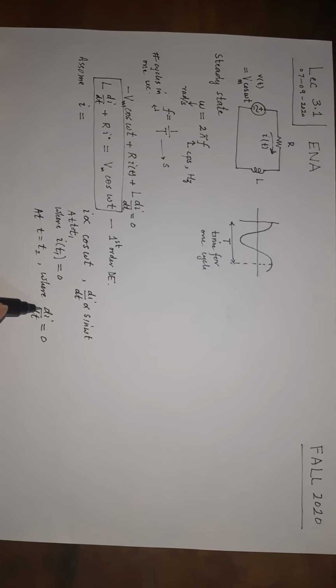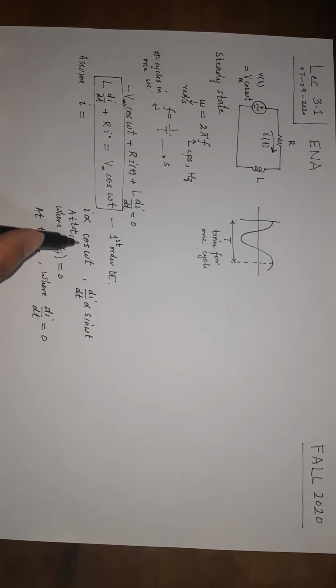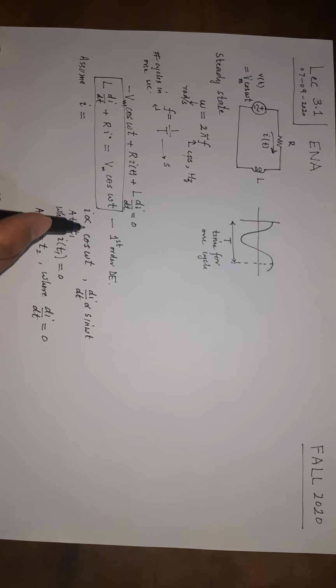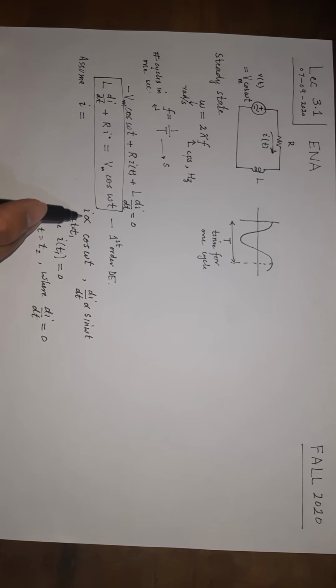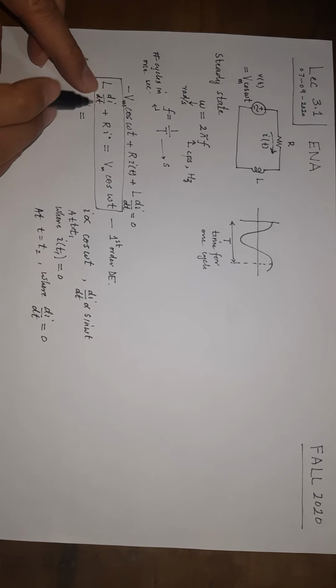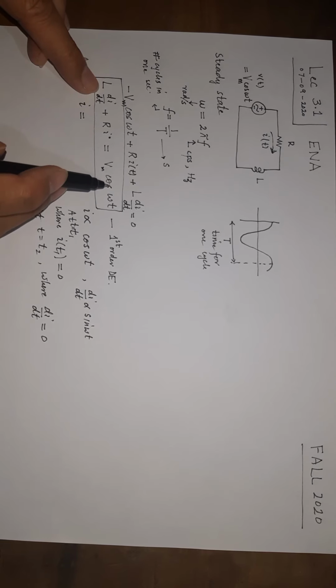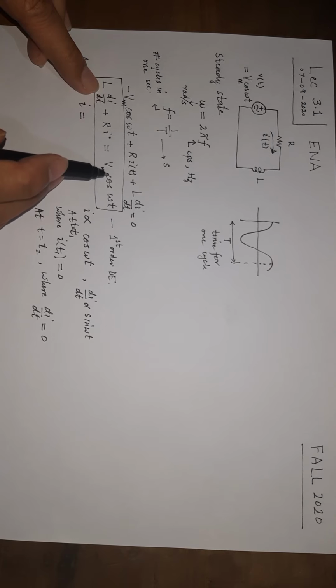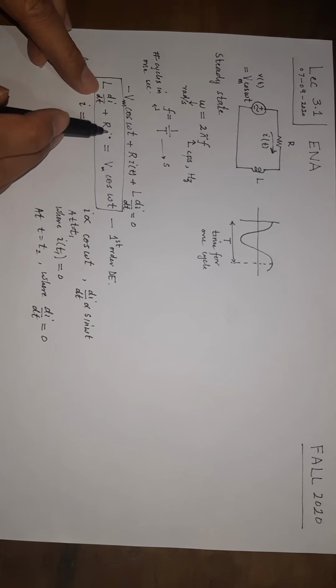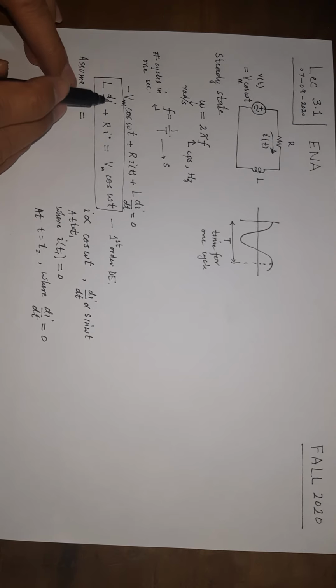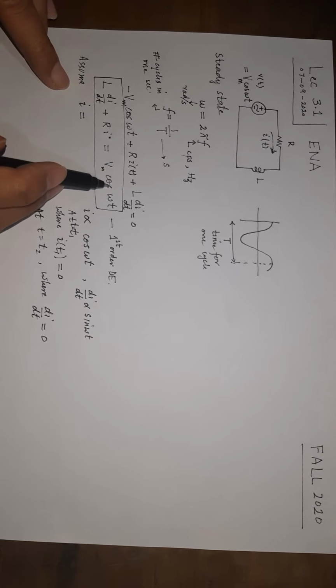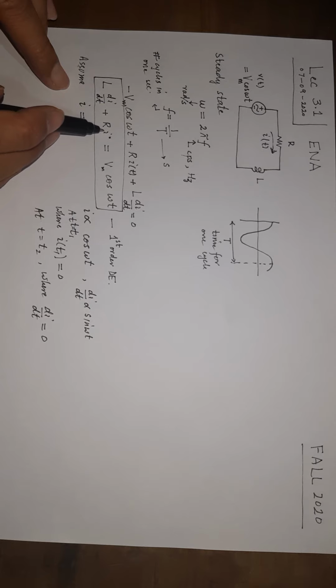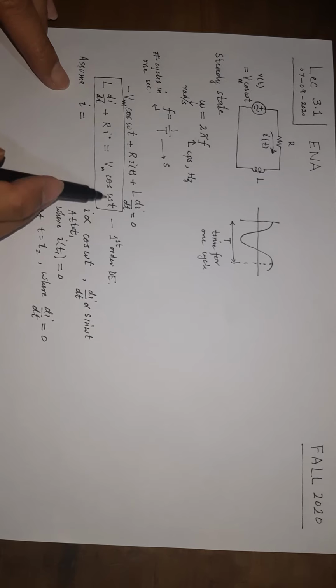However, sorry, I basically mixed two things. So this assumption was with this one, that when t is equal to t1, this term is 0, so I is 0, the derivative is not 0. So the derivative must be proportional to a cosine function. So if I is 0, this term is 0, this term alone is equal to this thing. And if this term is 0, this term alone must be equal to this term.